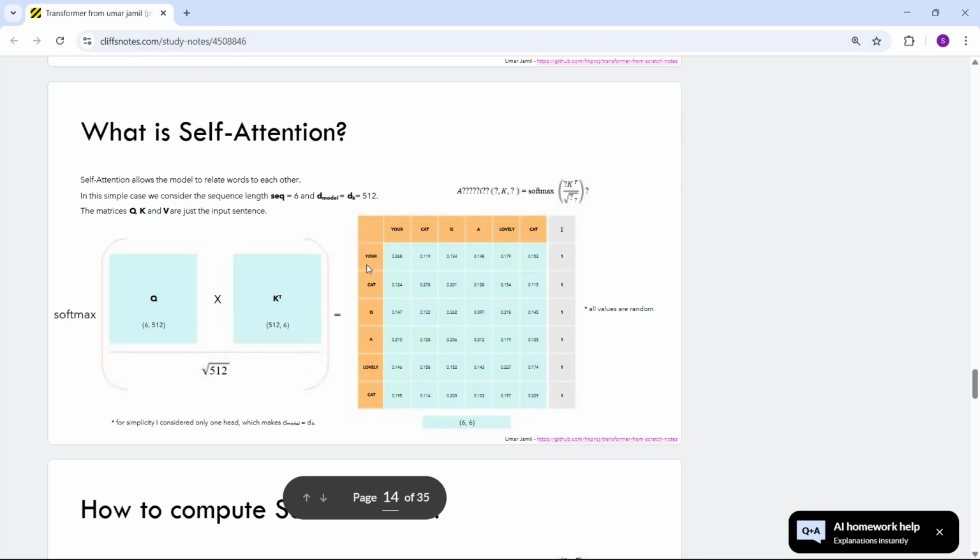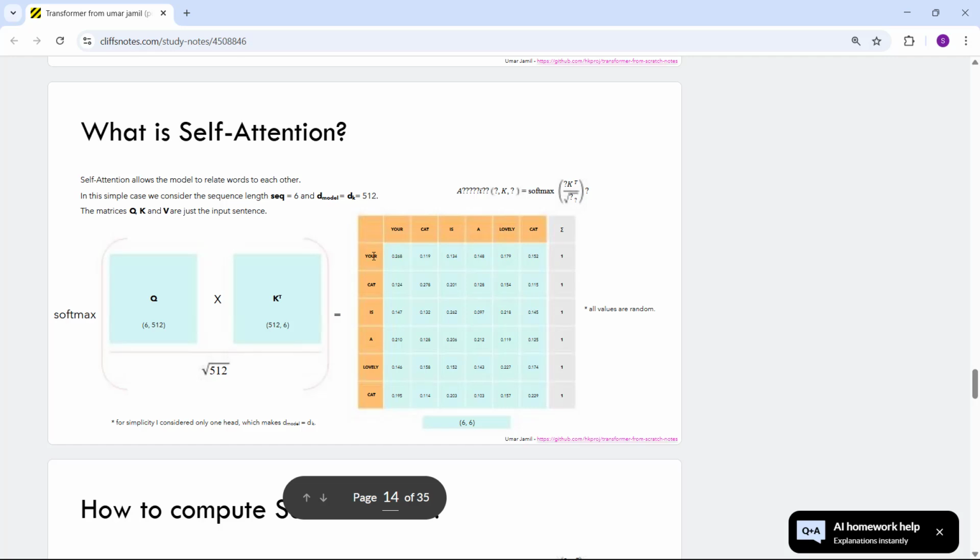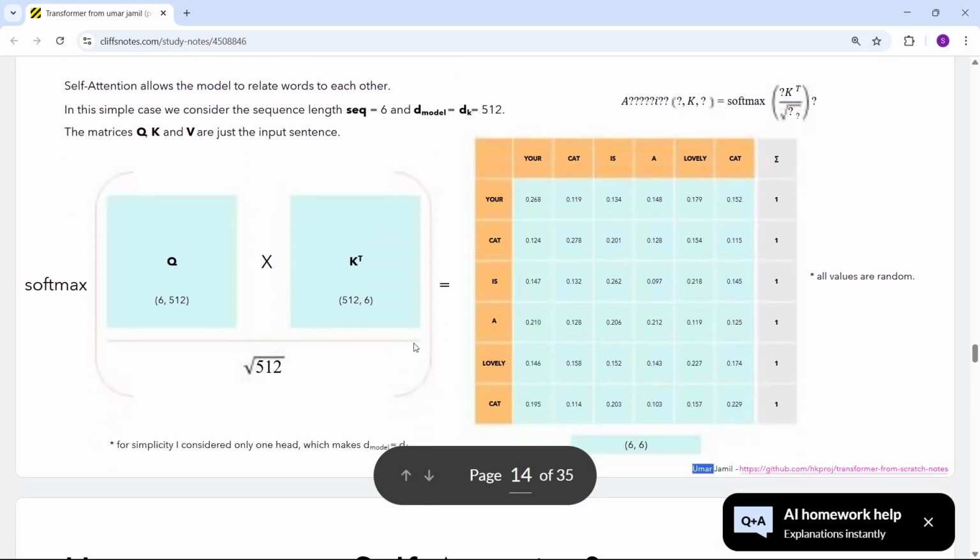That is how the word your is related to the word your, how your is related to cat, how your is related to is, how the word your is related to a, each word with respect to each other word, how your is related to every other word in the input sequence. And if you notice here, let me zoom so you can see, it is 0, 0.2, 0, 0.1, 0, 0.1, 0, 0.1, 0, 0.1 and 0, 0.1, right?